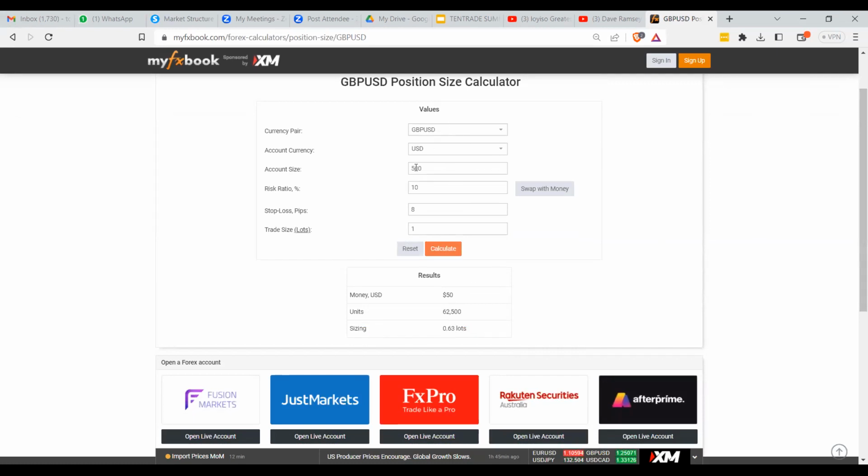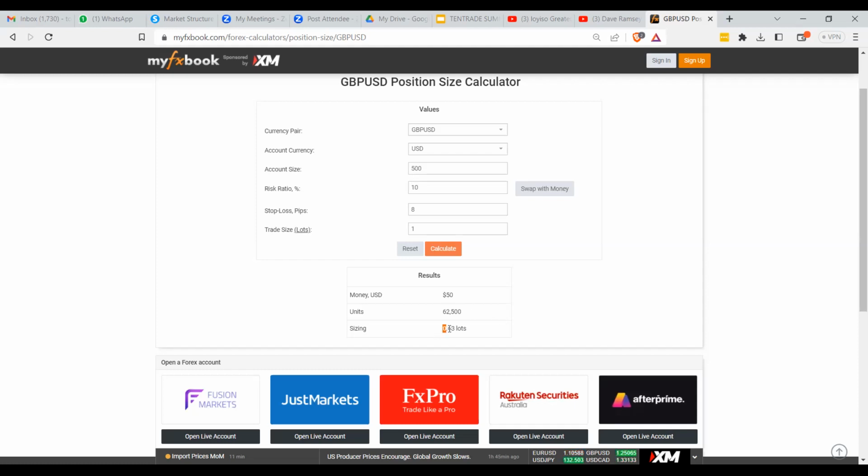So based on your account size and the nature of your trade, your stop loss and everything, the lot size you should be using is 0.63 lots, right? You can see so that if you lose this trade, you would only lose $50 from $500, which is 10% of your account.